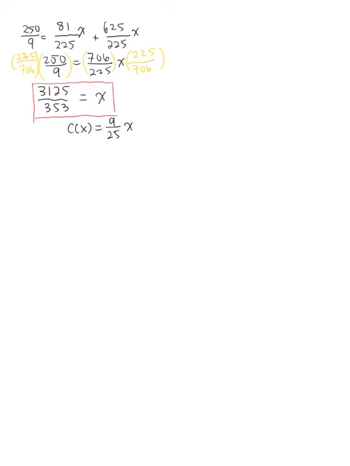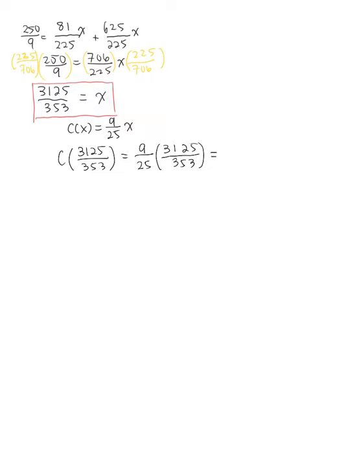All right, so now let's compute the corresponding y value when x is 3,125 over 353. So that's the same thing as 9 over 25, multiplying that by the same number that we just wrote. Oh my goodness. All right, so now let's compute that.